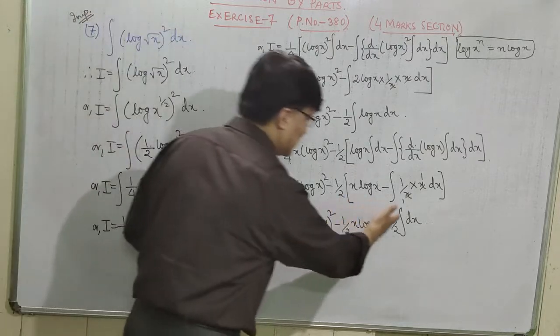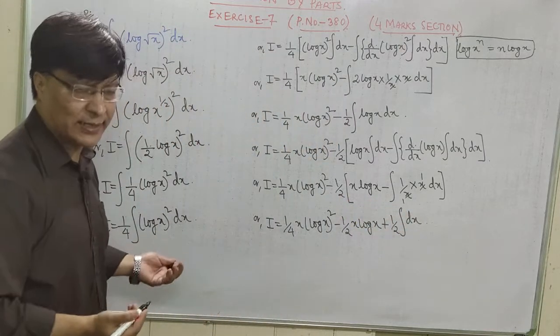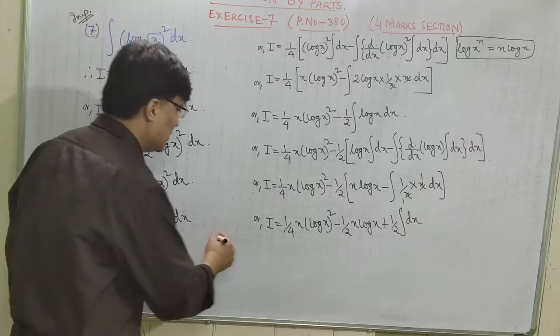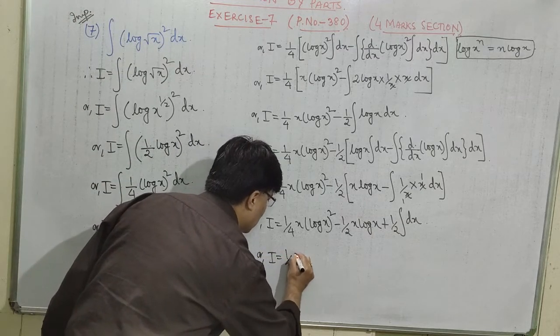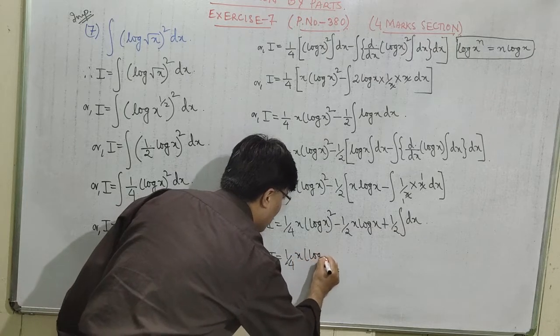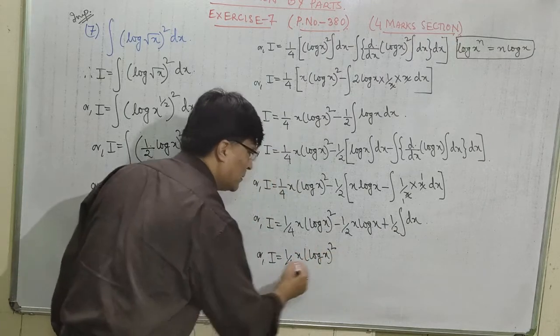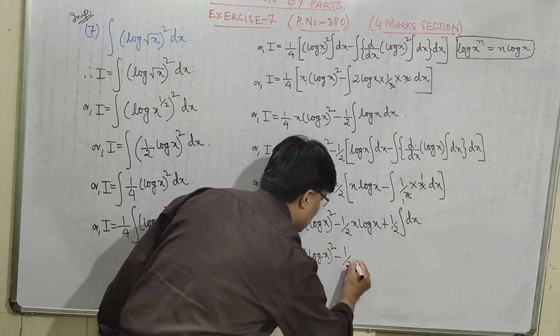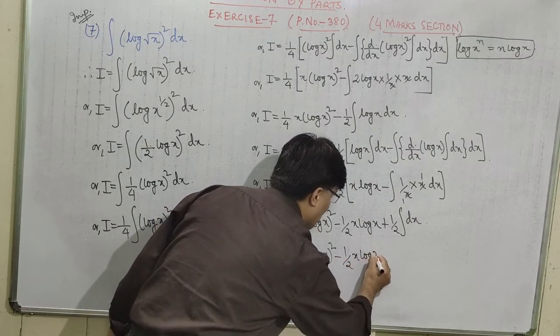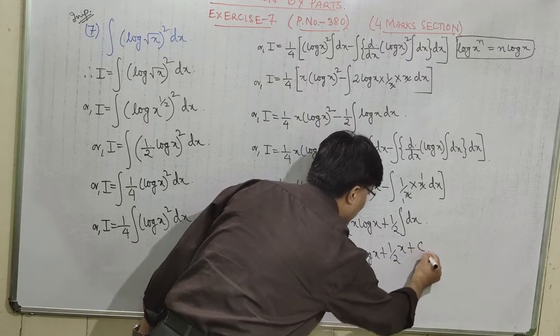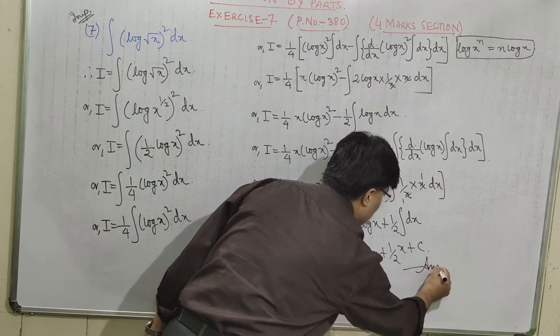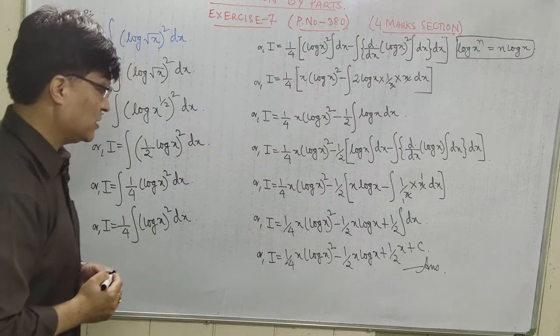So now you can integrate it. What is the integral of dx? That is x. That is the last integration here. So I is equal to 1/4 x into (log x) whole square minus half x log x plus half into x plus c. So this is the final answer.